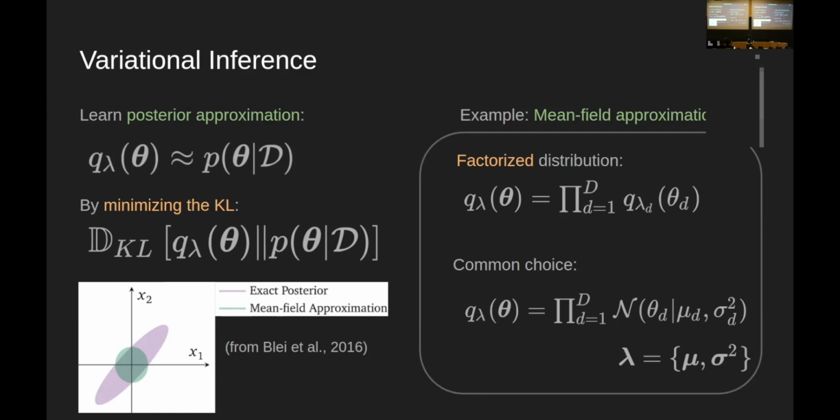And also, since you are optimizing the KL divergence in this direction, the approximation will tend to be mode seeking. So it will tend to focus in on the central part there, and it's penalized hard if it places mass outside of where the exact posterior has support. What that means for the approximate inference, or Bayesian inference, is that it will tend to underestimate the uncertainty.